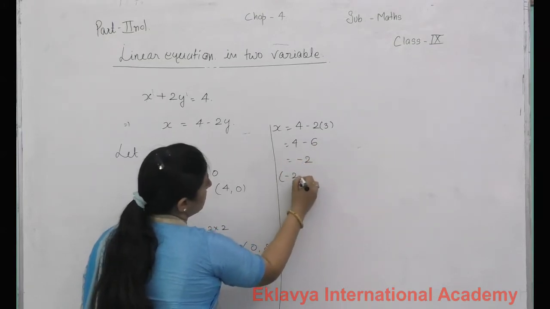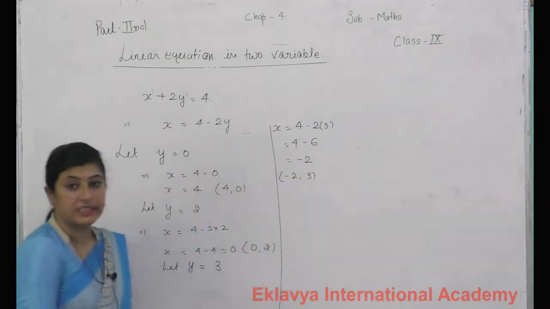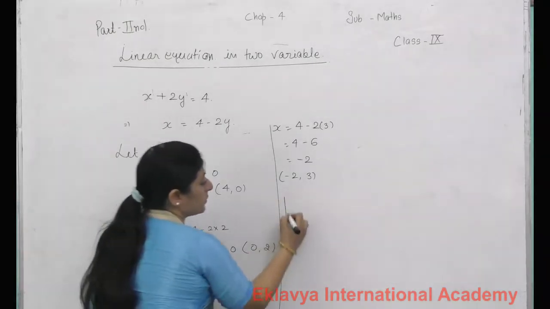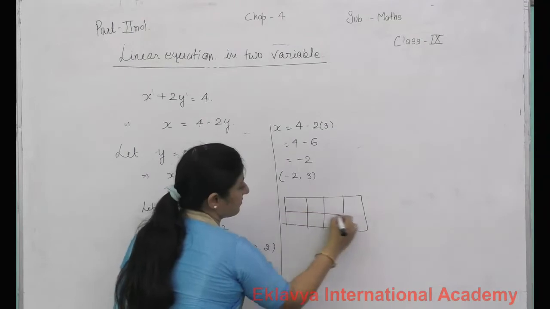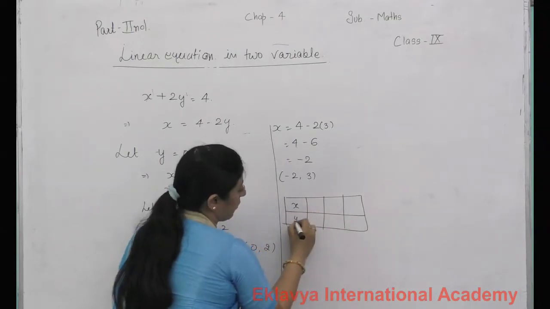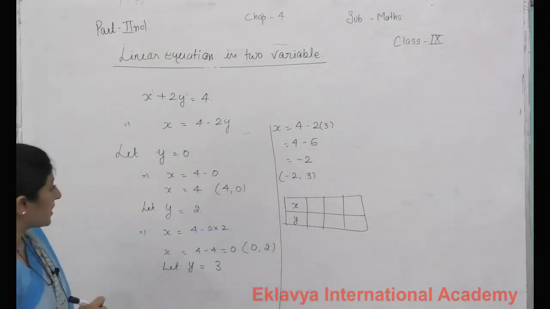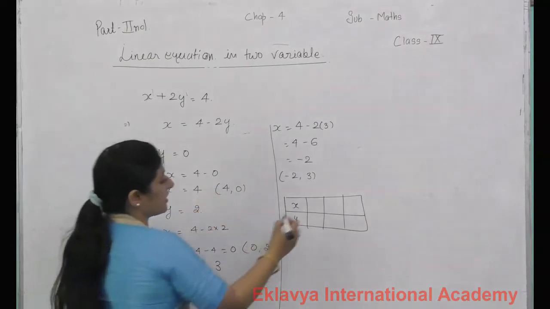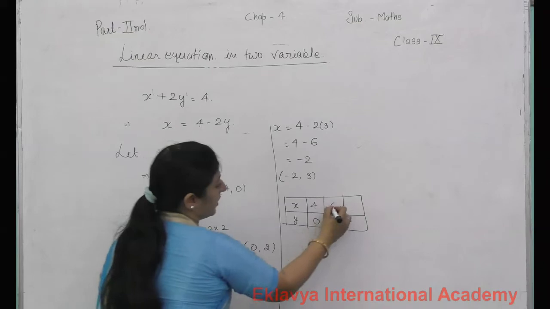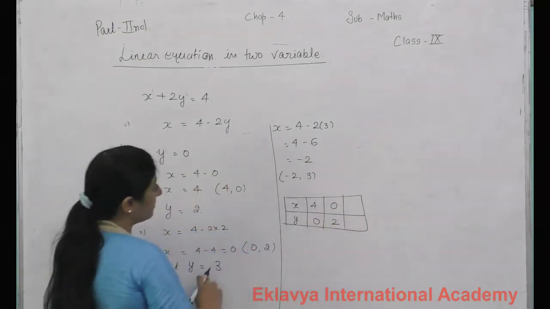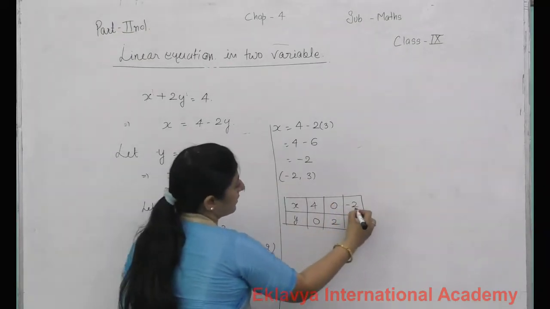The solution is (-2, 3). If we want to show the solutions in a table, with columns x and y, the values are: first (4, 0), second (0, 2), third (-2, 3).